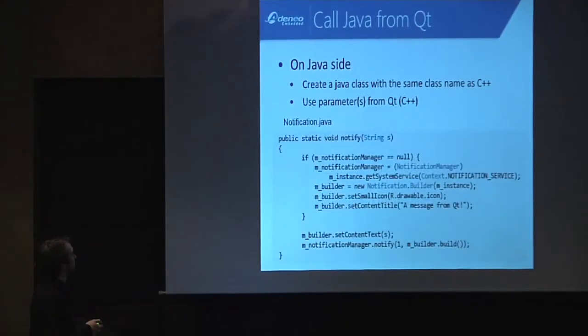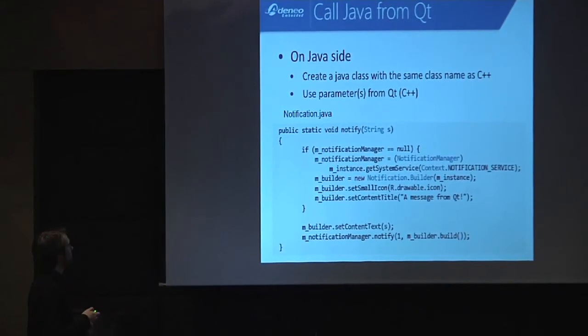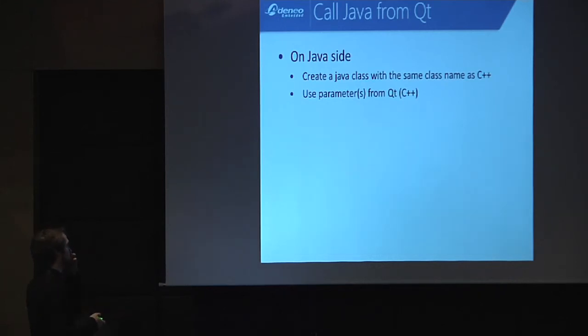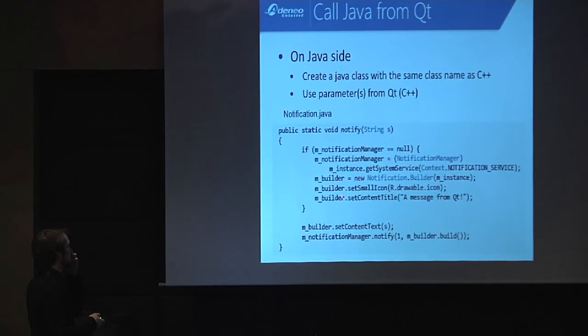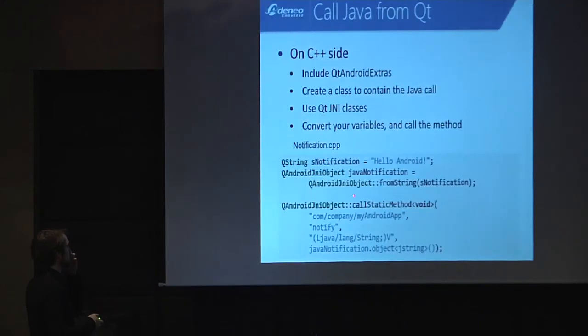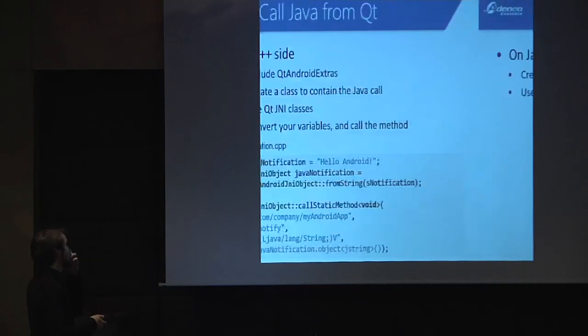And on the Java side, we have this: we've created a class with exactly the same name as the C++ class. That's specific to this solution, and also static because we used call static method.